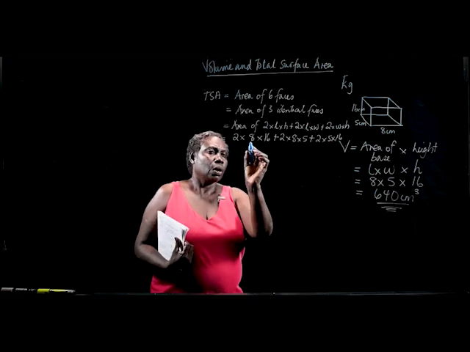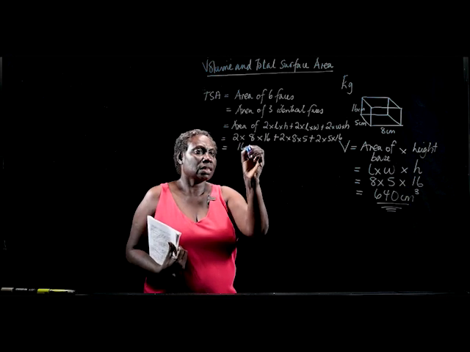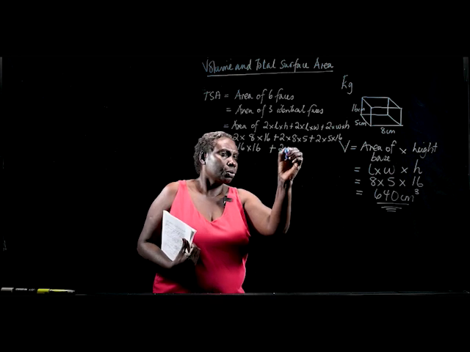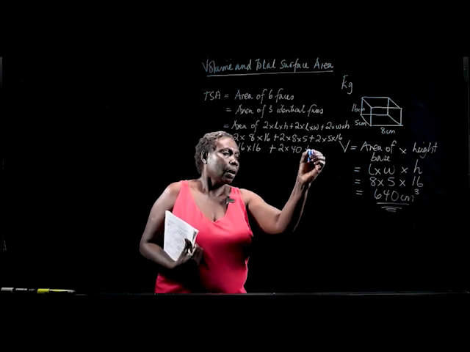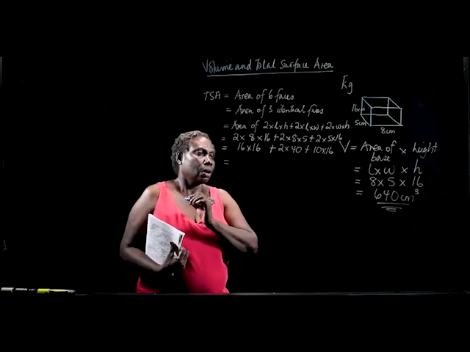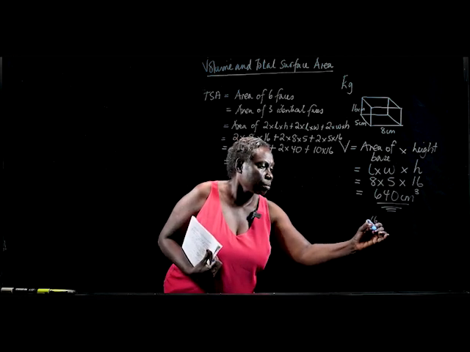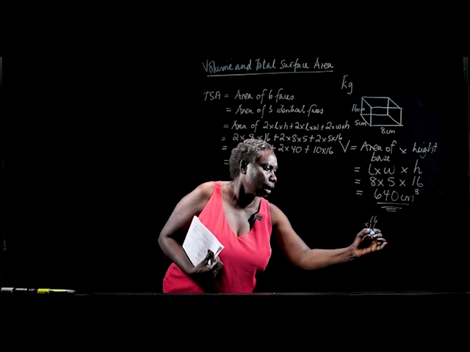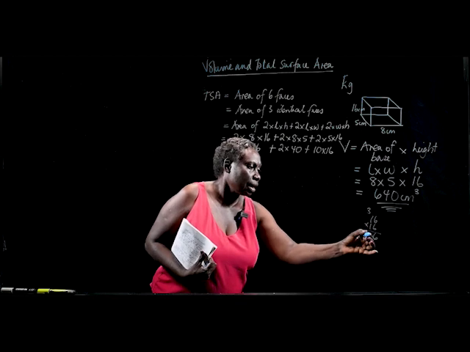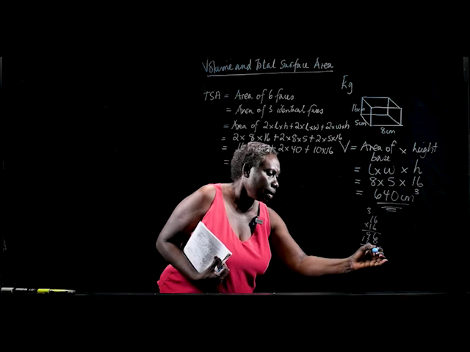Okay, so for this one we have 2 times 8, which is 16 times 16 plus 2 times 40 plus 10 times 16. Now, let's look at 16 times 16. 6 times 6 is 36. Put down 6, carry 3. 6 times 1 is 6, plus 3 is 9. Put down 0. 1 times 6 is 6. 1 times 1 is 1.